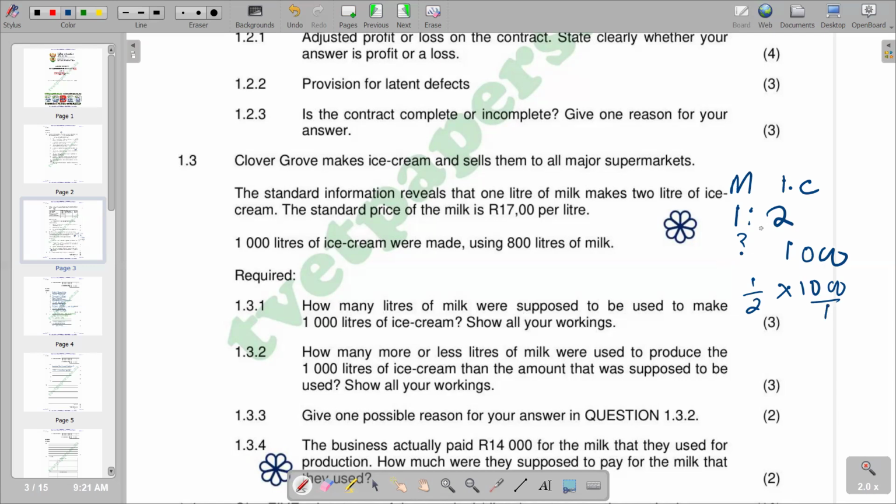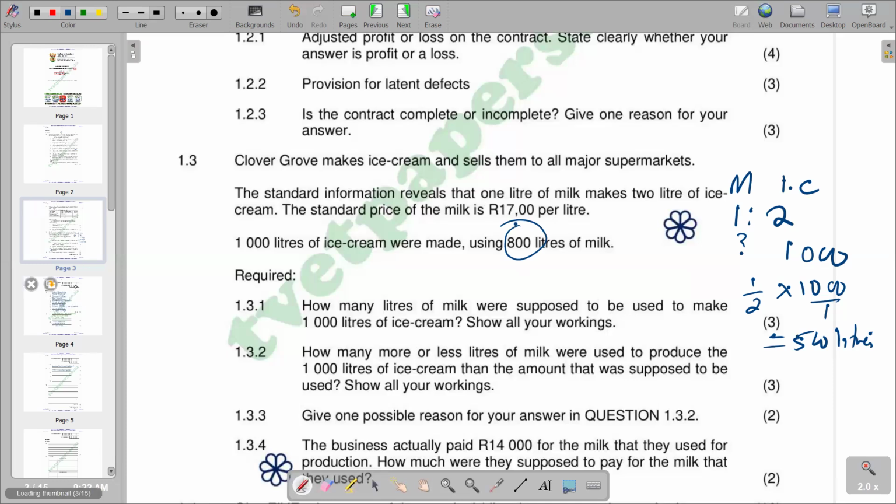So basically, what we don't have is 1 over the denominator, then multiply by the given figure 1,000. And we do that, you see that what was supposed to be used is 500 liters, but what was used is 800. So the difference becomes the answer on how many more or less liters of milk were used to produce the 1,000 liters of ice cream. So they used more by 300, 800 minus 500, which is 300.